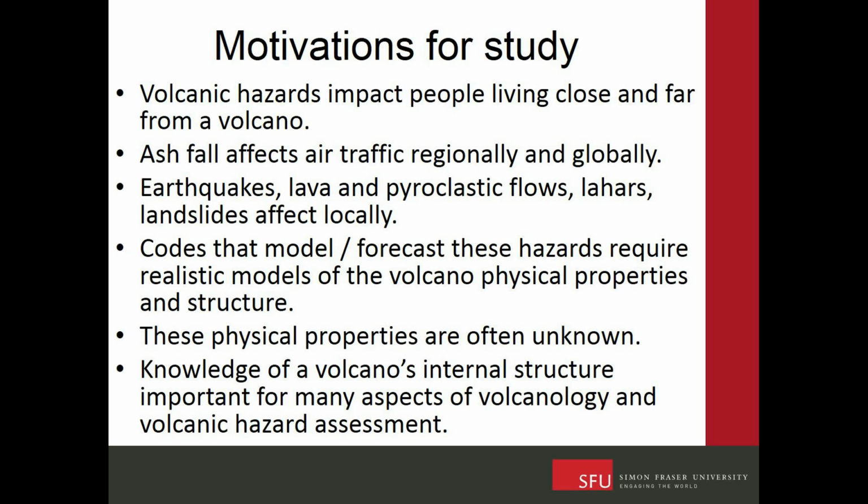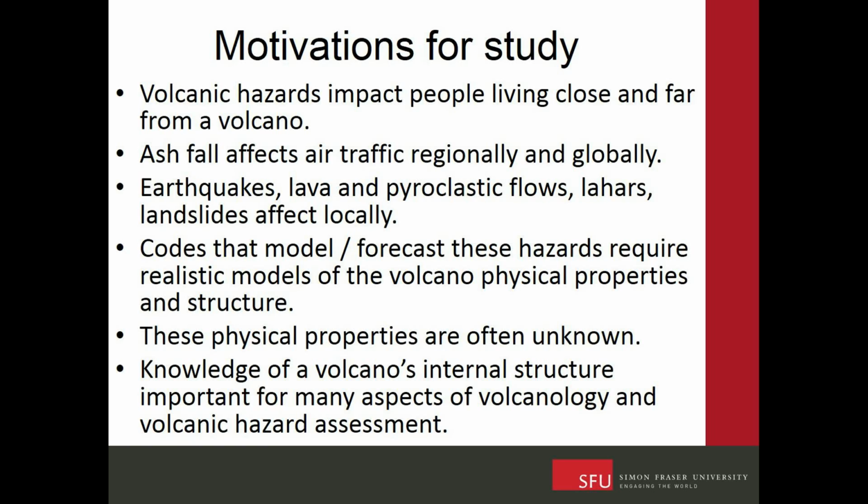So the motivations for this study: volcanic hazards impact people living both near and far from the volcanoes. Things like ashfall can affect regional and global air travel. Things like earthquakes, lava, pyroclastic flows, lahars, landslides affect people locally.